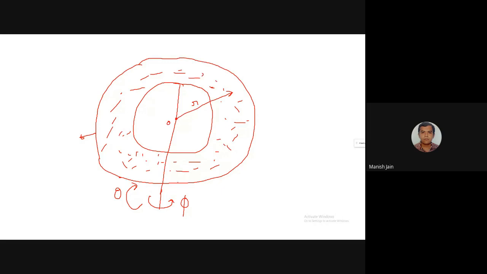If you take the cylindrical coordinate system or the Cartesian coordinate system, then the problem will become very difficult, even to formulate. To formulate the equation will be very difficult in the Cartesian or cylindrical coordinate system. So based on the geometry, this is the spherical shape, so you have to consider the spherical coordinate system.